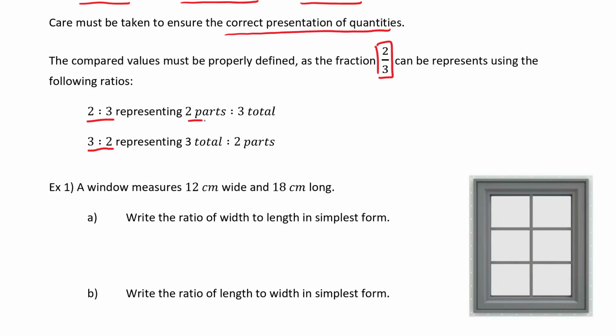Are we talking about 2 parts compared to 3 total or 3 total compared to 2 parts? So when you have something written down as a ratio, make sure you define what each of those numbers represents. It's not necessary with a fraction because we know the definitions there. The top number is the part, the bottom number is the whole. With a ratio, the numbers can mean anything.